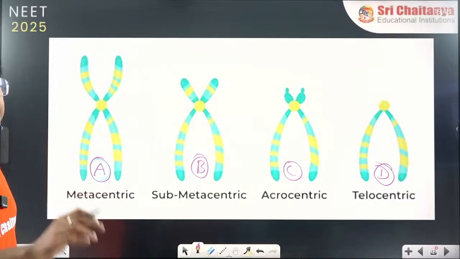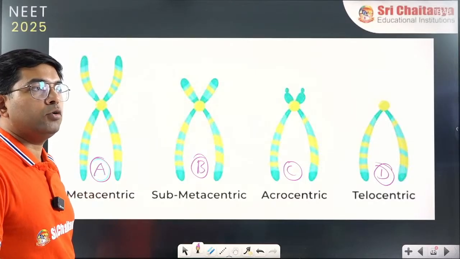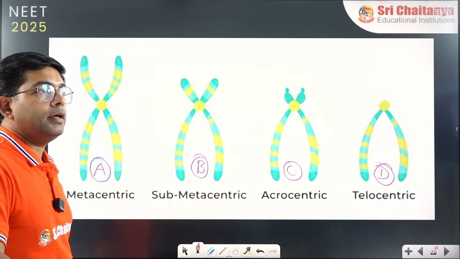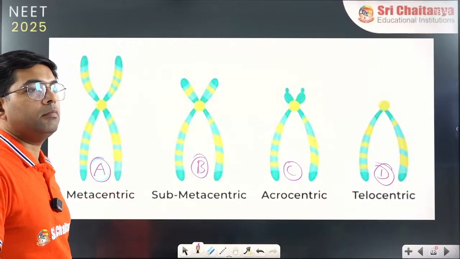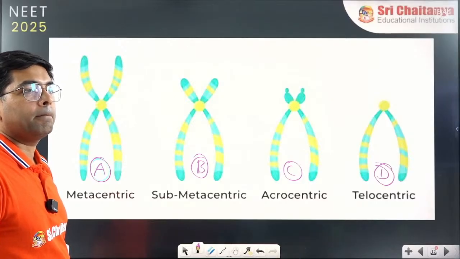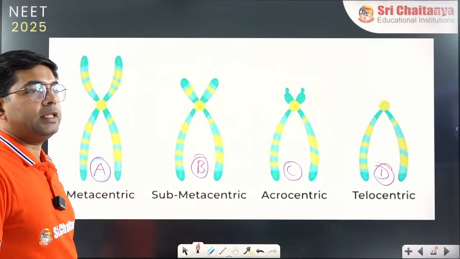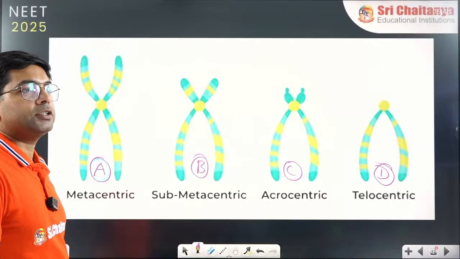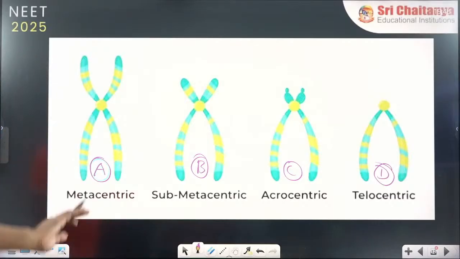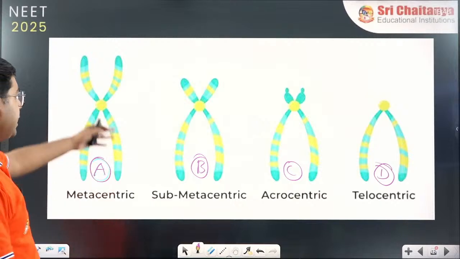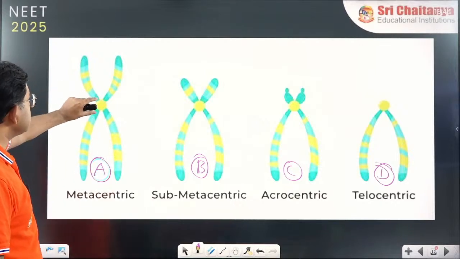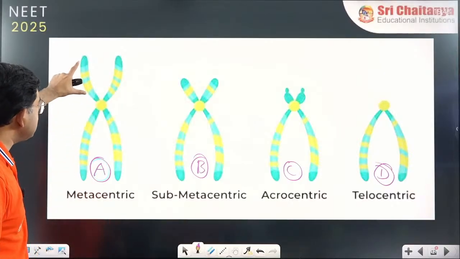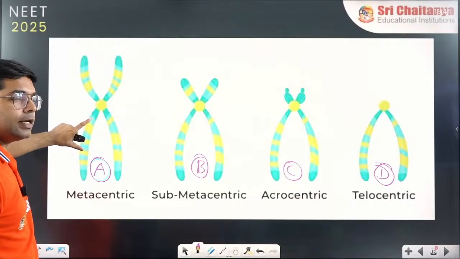At the center. Let me see who answers first. Centromere at the center in A, B, C or D? Lashya is telling A, Preetham A, Srinivas A, Chandrika, Nikhil, Tanish, very good, Pinky, all of you are telling A. Of course, it is clearly visible that it is present in the center, although some of you might feel that this is a little shorter and this is a little longer.